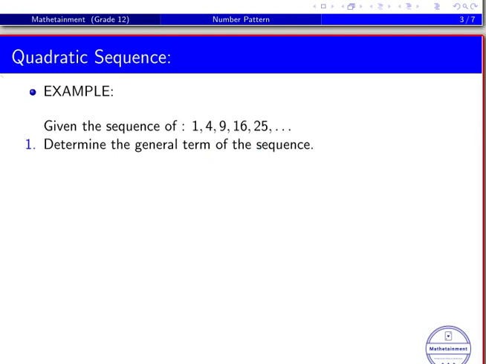Like I said, when we are required to determine a general term of the sequence, the first thing we have to start by doing is to find differences. You have 1, 4, 9, 16, and 25.